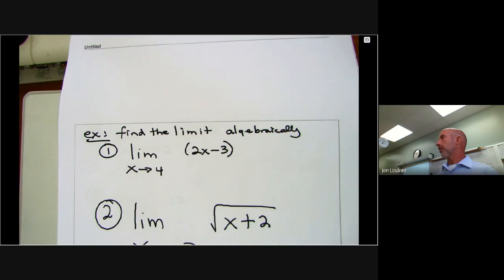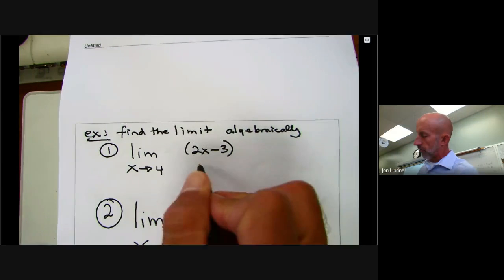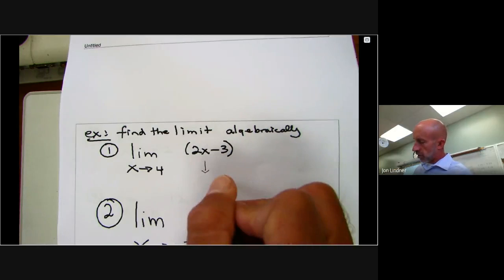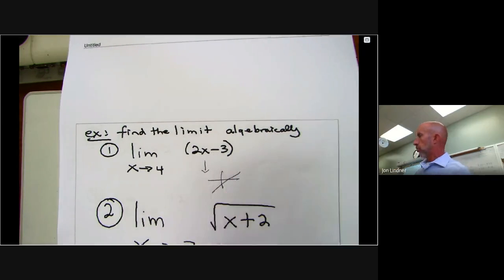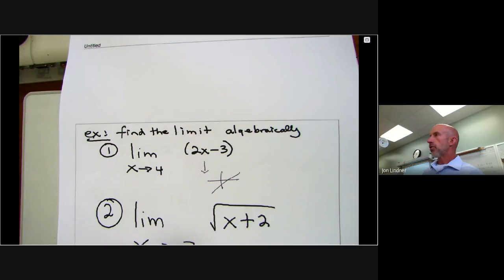Now, we know a lot about this function, don't we? Isn't that just a plain old linear? If I were to look at the graph of this thing, this is just a plain old linear, boom, like that. There's nothing where there's a hole or something that's undefined.